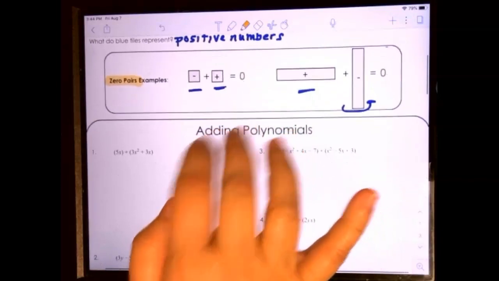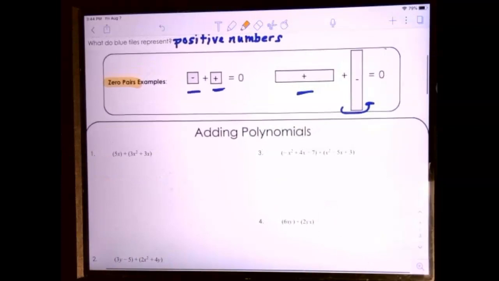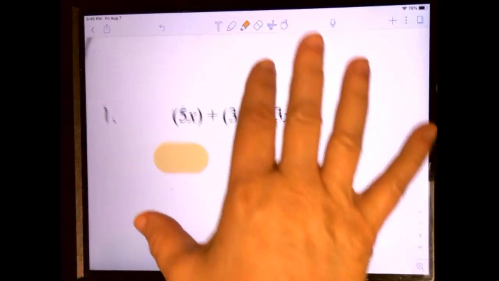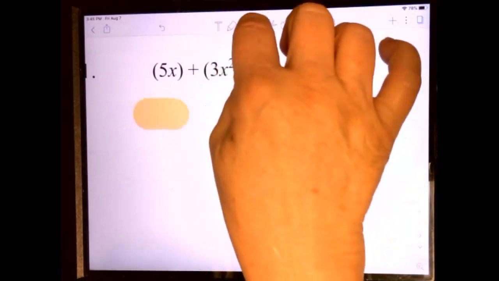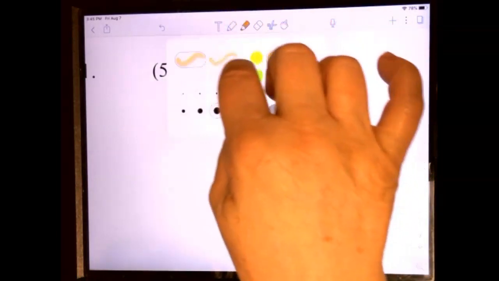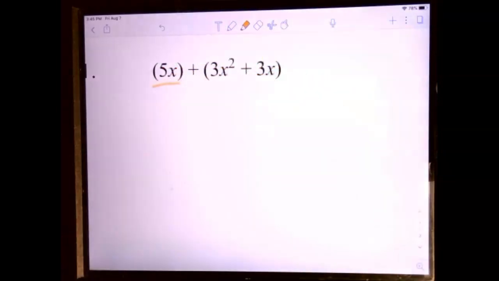So here, we're going to try this out. Okay, so I have my algebra tiles, and the first one says 5x. Let's make that bigger. 5x. Okay.